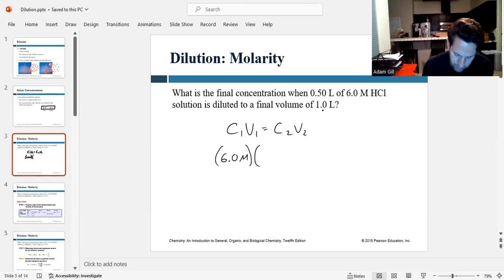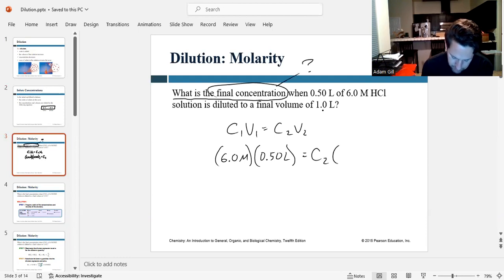The initial volume was 0.50 liters, and that's equal to the final concentration, which we don't know. That's what it's asking us. What is the final concentration? And the final volume is 1.0 liters. So we got to solve for C2.